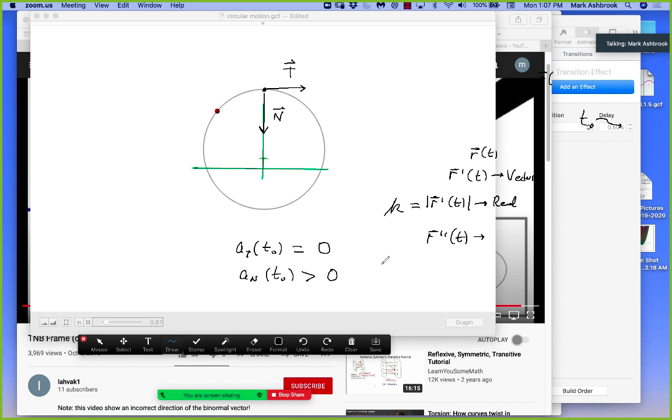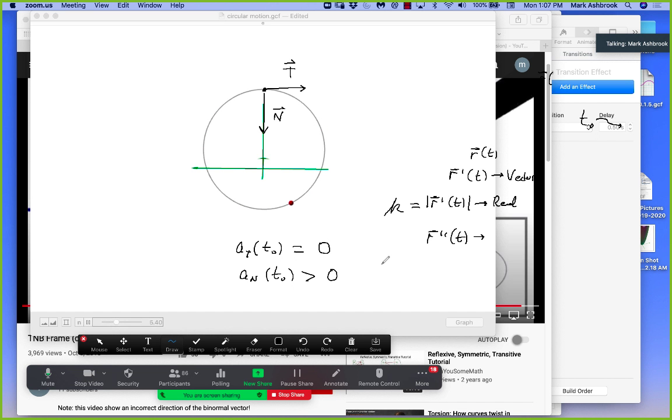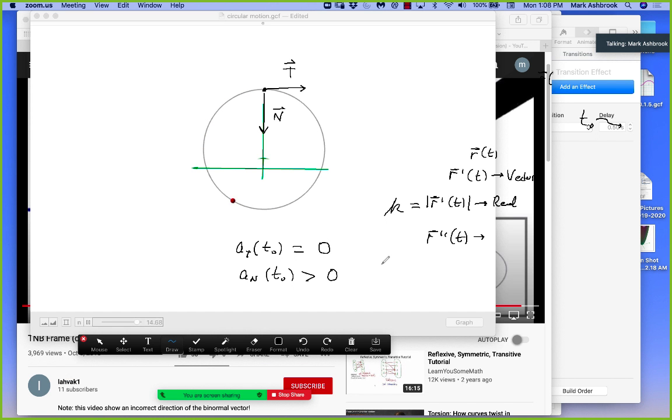Okay, does it make sense? Yes. Pretty cool, huh? This just shows how an object turning on a curved path naturally has acceleration, even if it's not speeding up or slowing down.